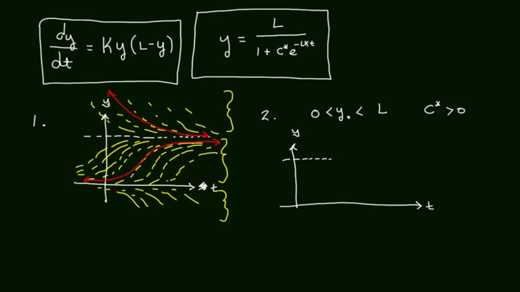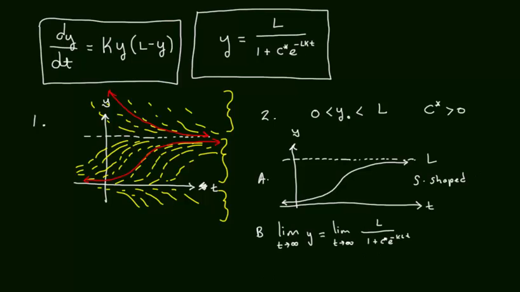Then here is our horizontal asymptote. This is our limit. Then our curve is going to go in this S shape. It goes up and then approaches the asymptote like that. Approaches y equals 0 to the left. And again, this is S shape.